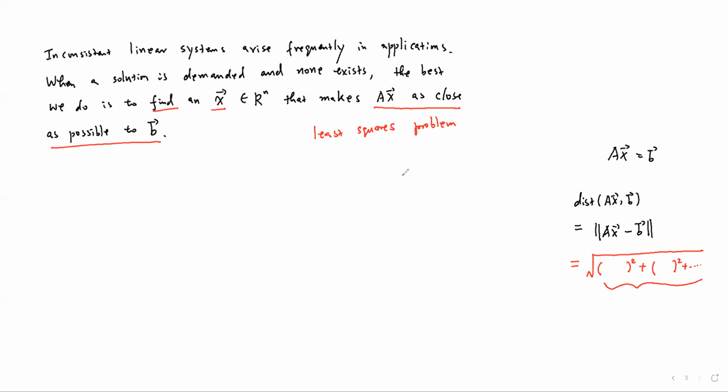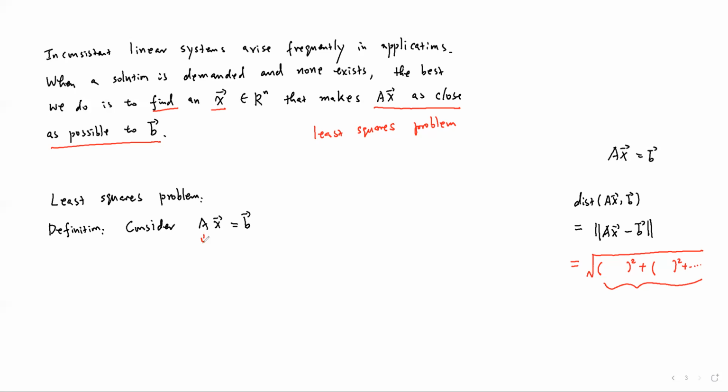Here is the precise definition of a least squares problem. Consider this linear system Ax = b.